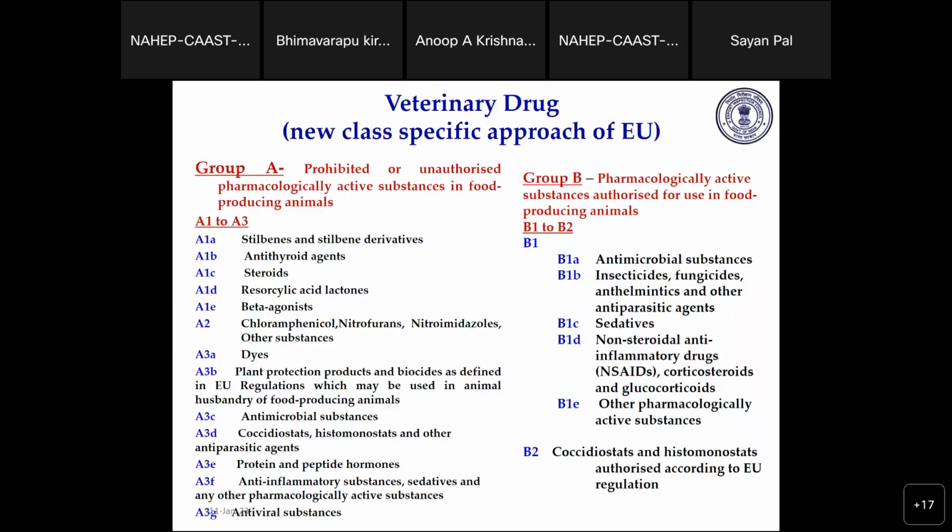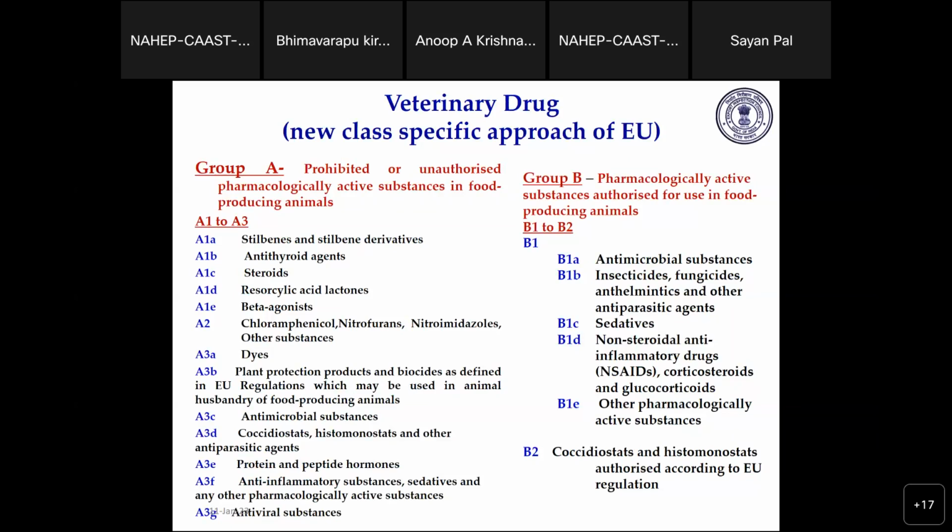I'll come to the basic categorization, or the class approach, followed by the European Union. They classify substances clearly into group A and group B, from the groups we saw in the previous slide. Group A is completely prohibited, or unauthorized, pharmacologically active substances.